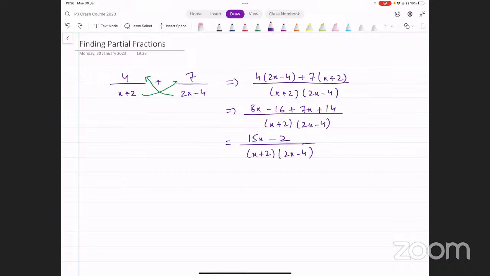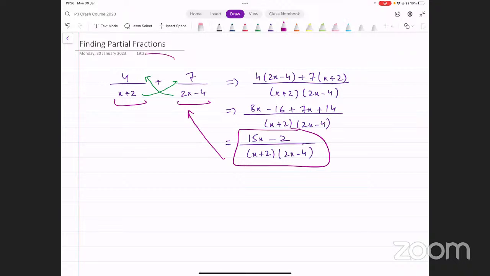Now, what are partial fractions? Let's say we had this fraction given, and from this fraction, we wanted to go back to these two parts of this fraction. This process would be called finding partial fractions, and these are the partial fractions of this thing. Let me write that down.